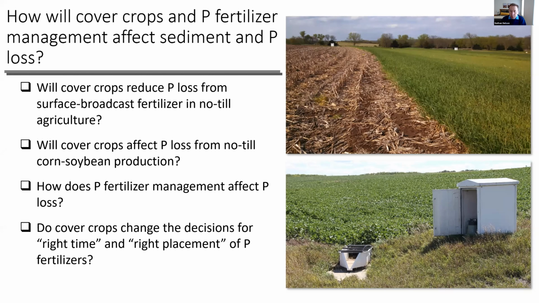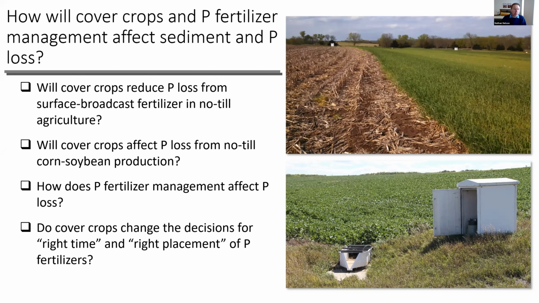We generally recommend producers subsurface apply phosphorus to reduce phosphorus losses and decrease environmental concerns. But we couldn't find really any information on how cover crops would interact with phosphorus placement. And when we really dug into it, we didn't find much information at all on the effectiveness of cover crops to reduce phosphorus in no-till production systems. And that's what we deal with a lot down here.